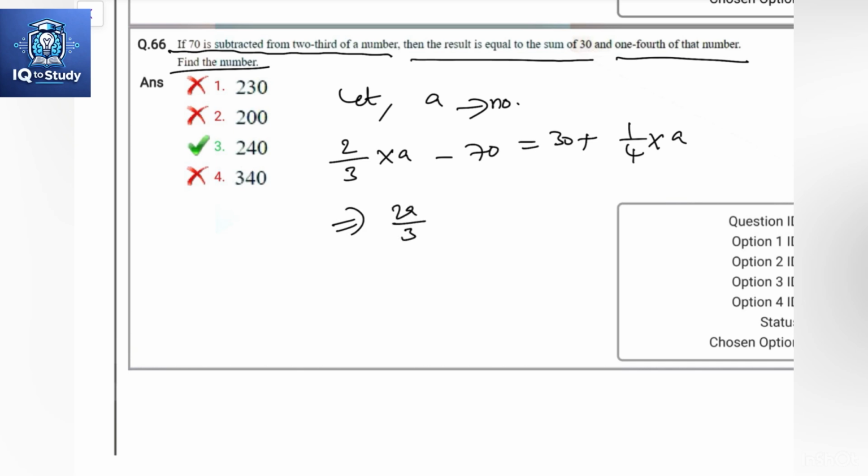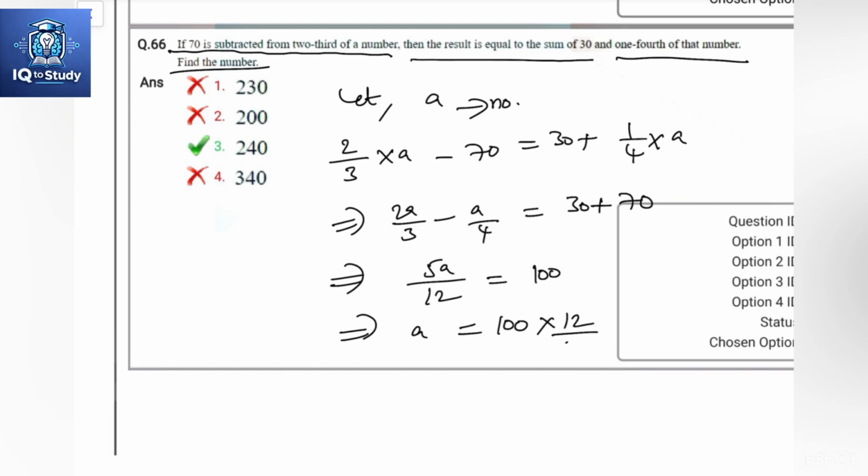Let's simplify this. 2a by 3 minus a by 4 is equal to 30 plus 70, which implies 5a by 12 is equal to 100. And a is equal to 100 into 12 by 5, which is equal to 240. So option 3 is correct.